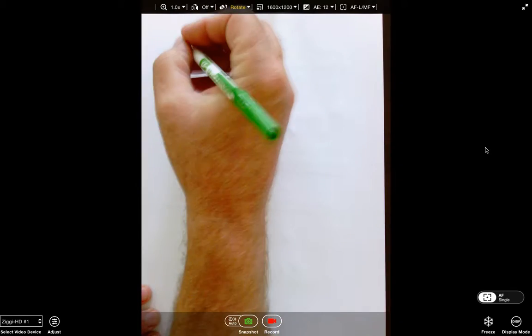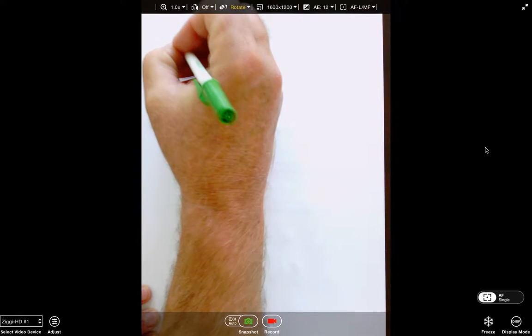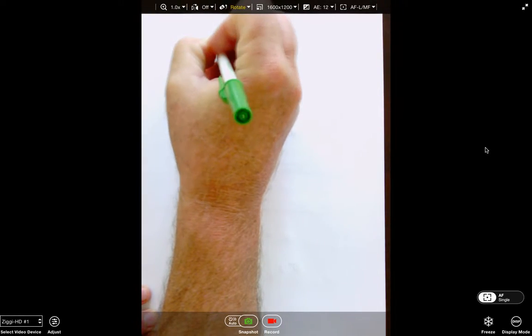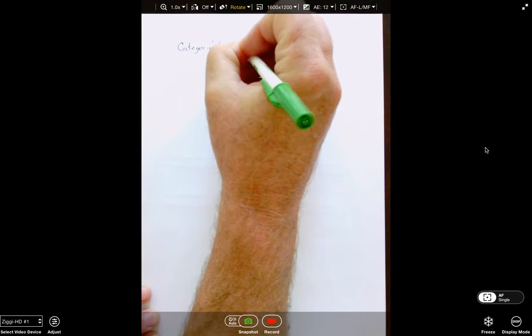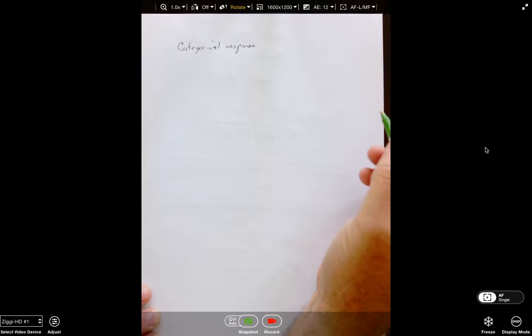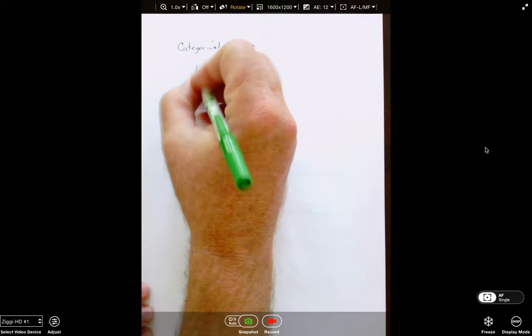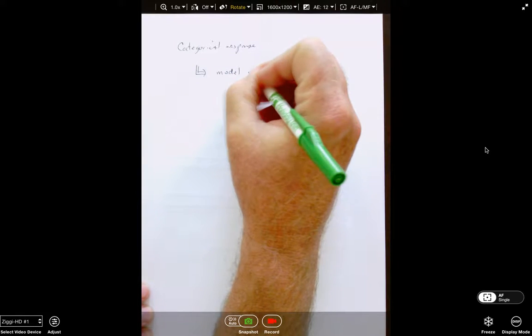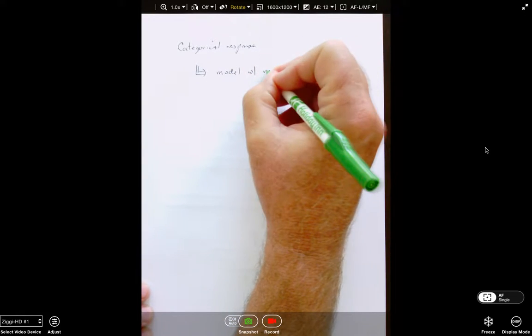Now, the first thing we run into is when we take a categorical response. And here we're looking at a binomial response. So it's one of two things: true or false, success, failure, this or that. And we try to model this with a normal distribution.